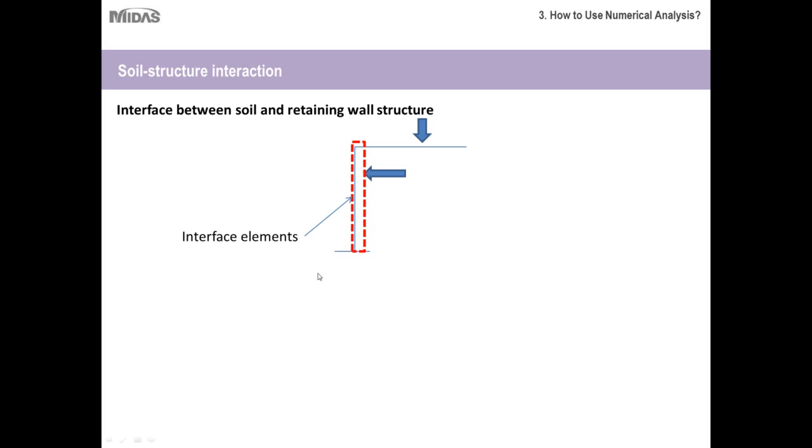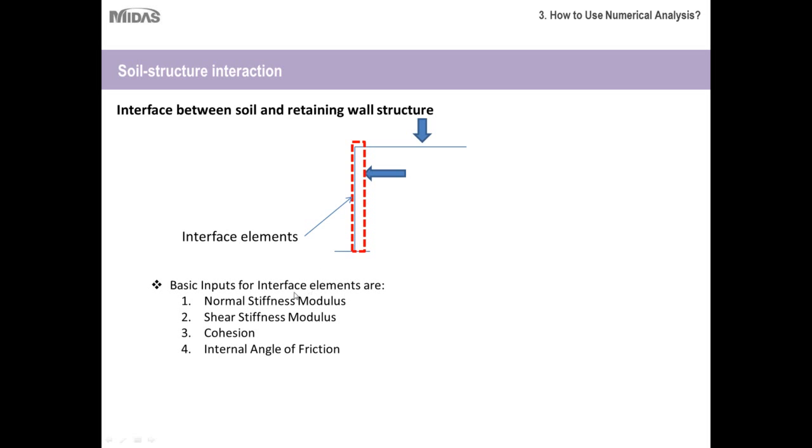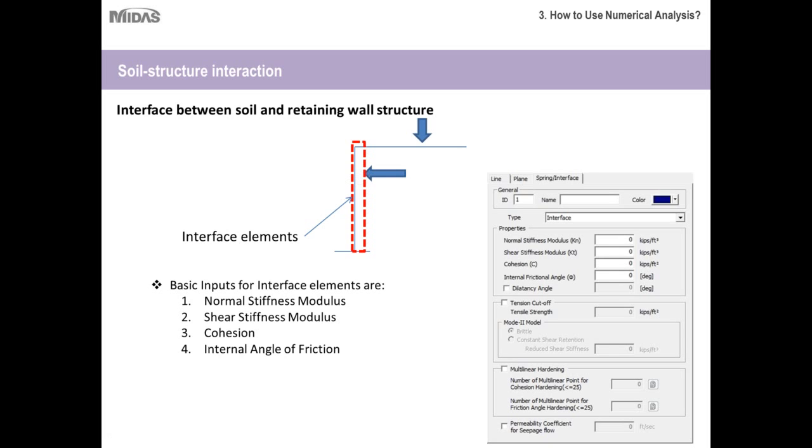And this interface element has various types of input values where you have to enter the normal stiffness modulus, which would be perpendicular to the wall surface and directly resisting and responding to the driving forces, and then the shear stiffness modulus, which would be basically responding to the vertical or the surcharge forces. Then cohesion, that will determine the relative slipping, and the internal angle of friction.